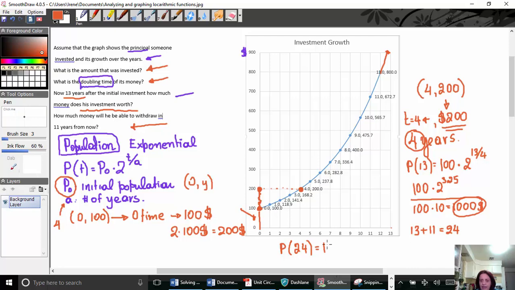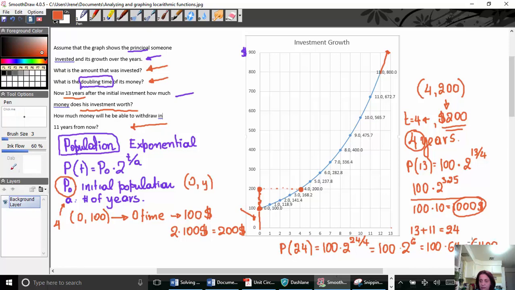And this is going to be 100 times 2 to the 24 divided by 4. 24 divided by 4 is 6. So this is equal to 100 times 64.